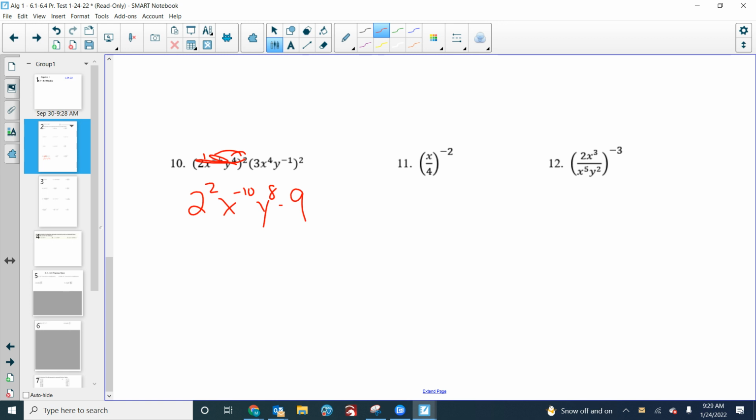Okay, now, Mary, x to the 4th being squared. What do you do with the 4 and the 2? Multiply. So it's x to the what? Yeah. And then negative 1 times 2 is what? Okay. Now, isn't 2 squared just 4, right?